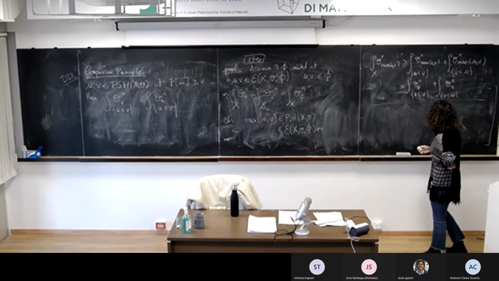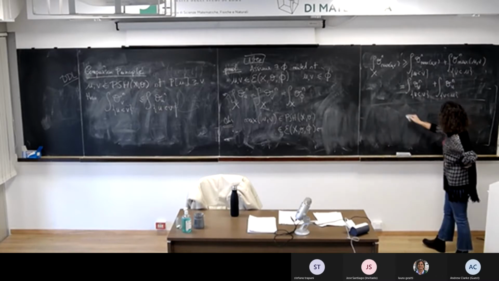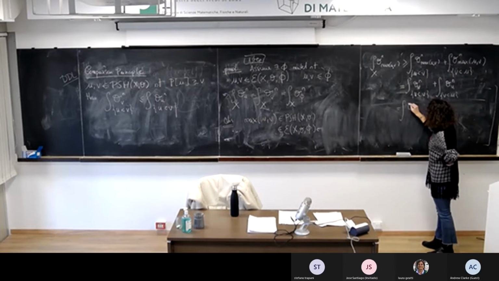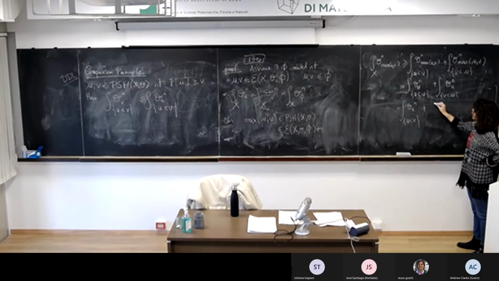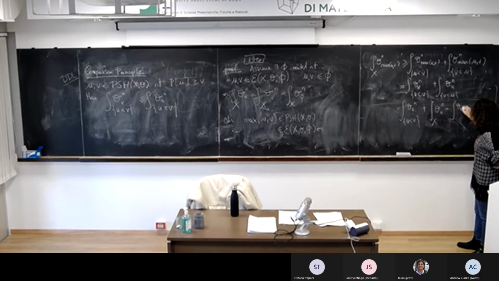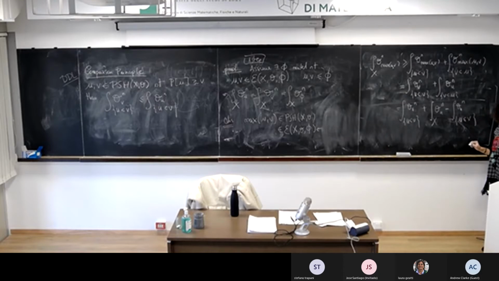Okay, now look at this. This is theta B to the power n, U minus V, plus, and this is what? This is now this set. I can say that this is the mass over X minus the mass over the complementary, so U less or equal than B. I wrote X as the union of these two.